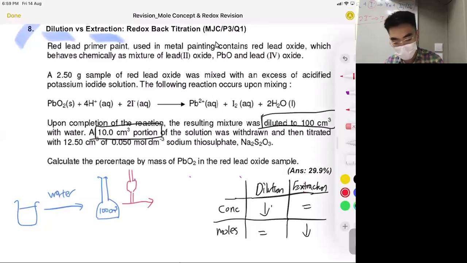So you take out a 10 cm cube, and this 10 cm cube is actually titrated against a certain substance in the burette. You would have expected the burette to be here, and this is your S2O3 2 minus. So you should work towards that.